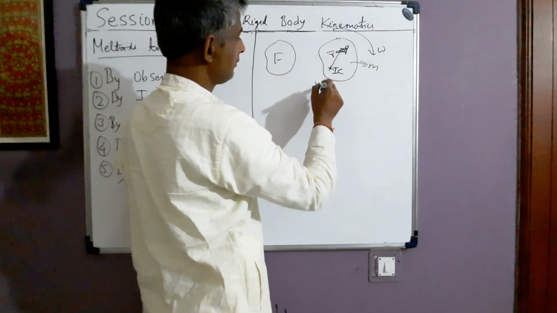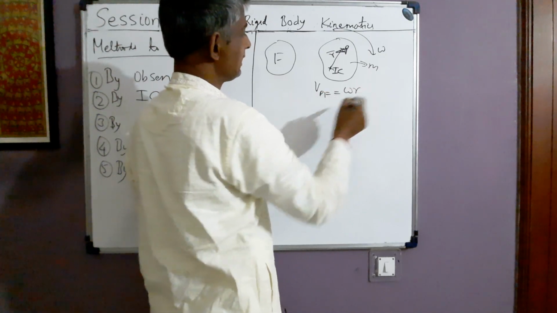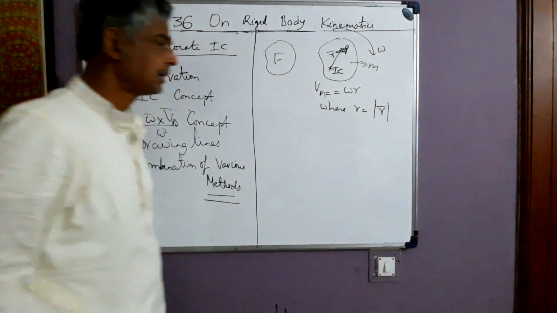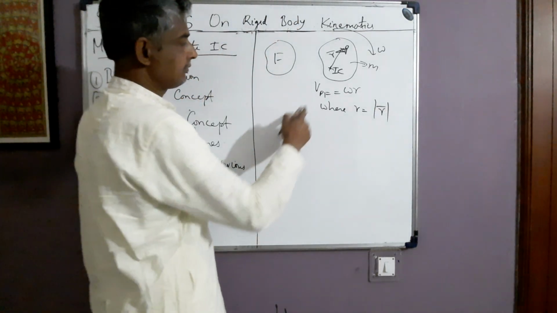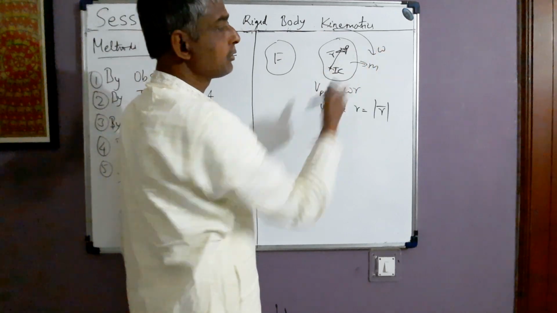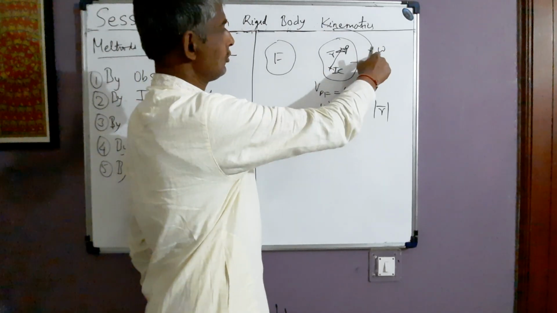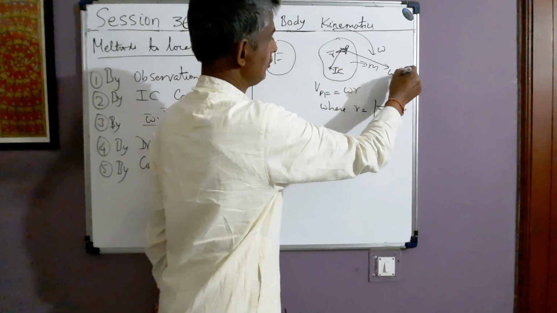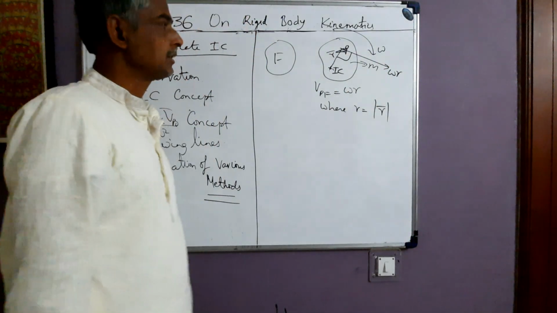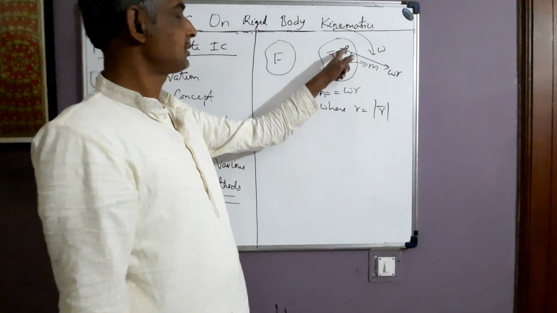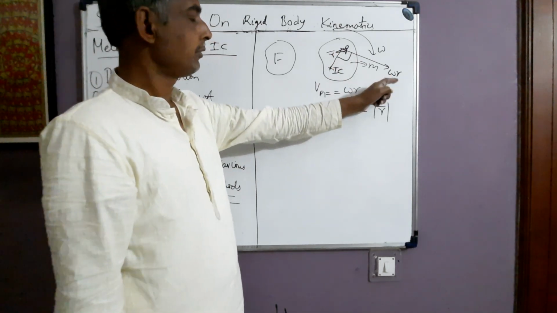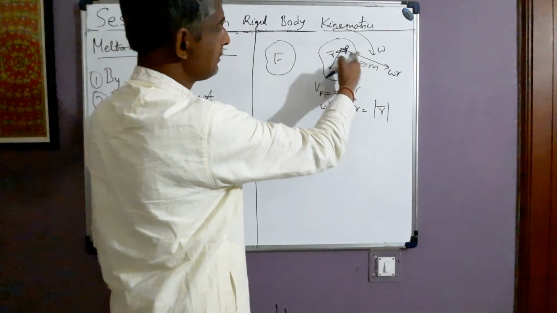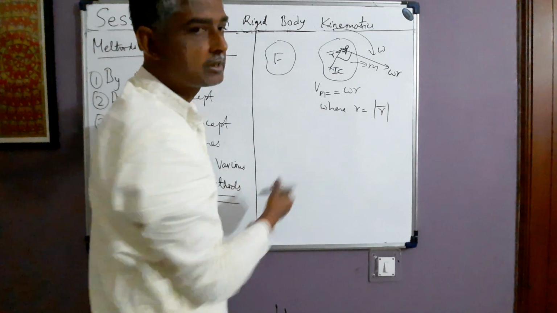Then the velocity of P with respect to F will be omega R, where R is the magnitude of vector R, and V_PF will be normal to this line corresponding to the sense of omega. In this case omega is clockwise, so the velocity of P will be omega R at right angles to this line.